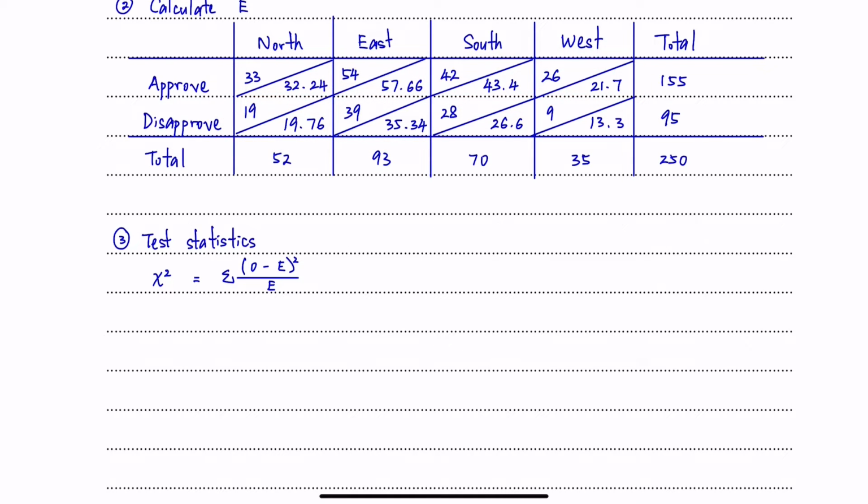Alright, so we do it one by one. For this, we get 0.0179 plus, for this, we get 0.2323.